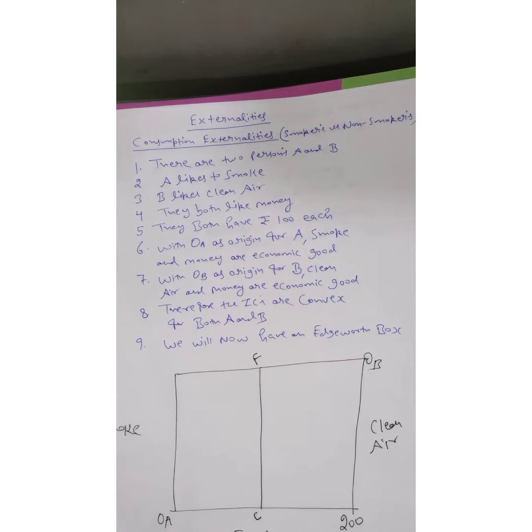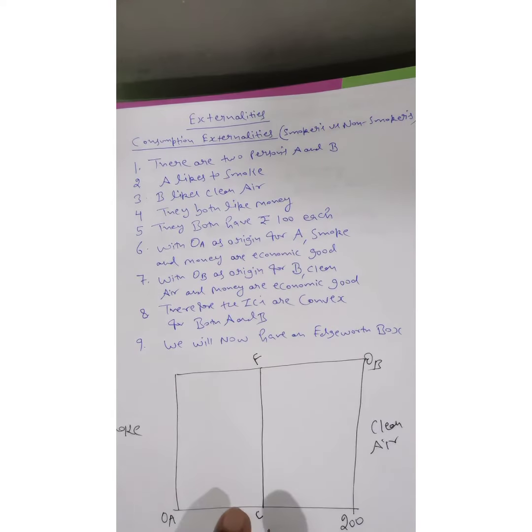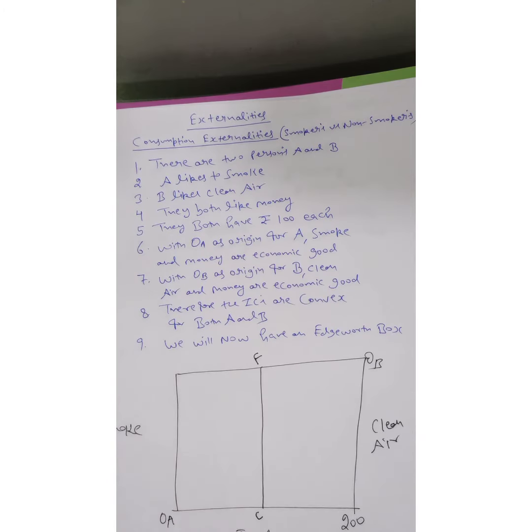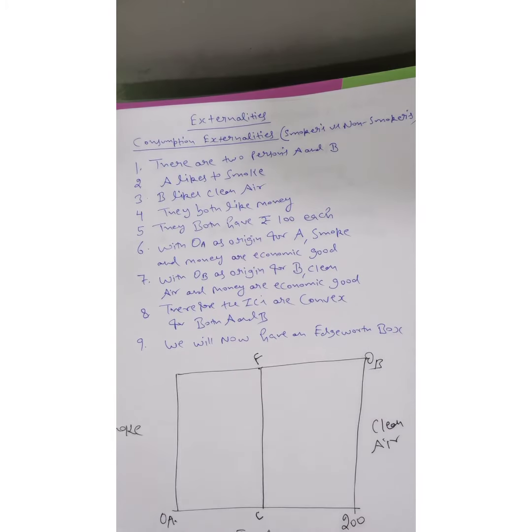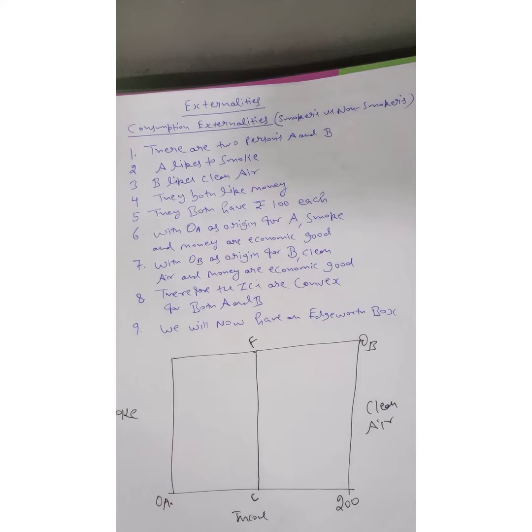So C and F. Now, if you look from the point of view of A, at this point C he shall be having 100 rupees as money and 0 smoking. But if you look at point F from the point of view of A, he'll be having 100 bucks and full smoking. Guys, again, be cautious, try and understand the concept.